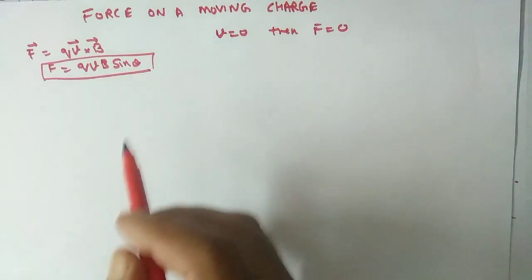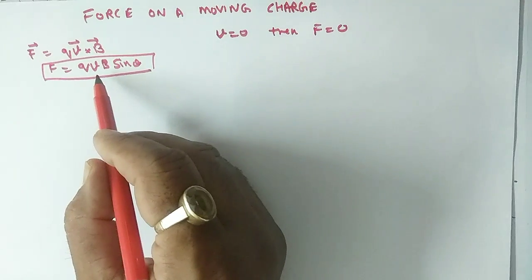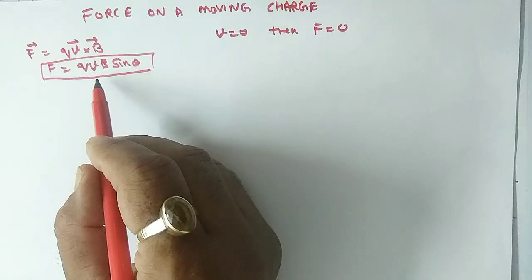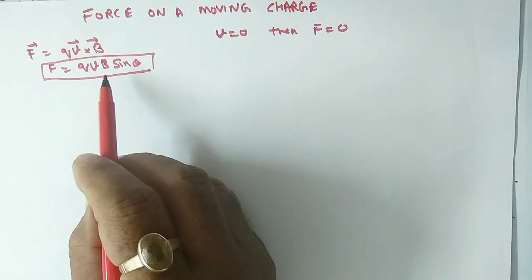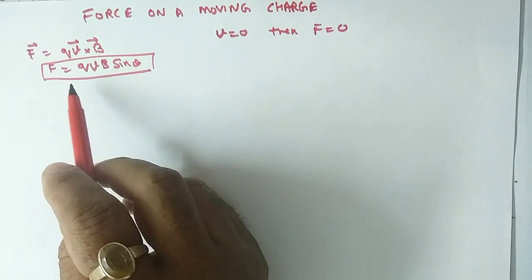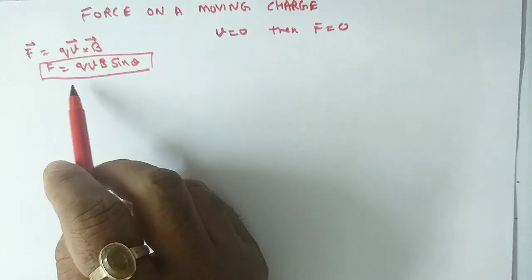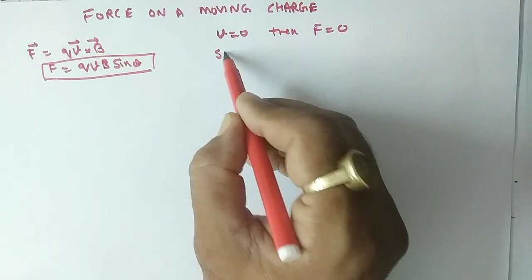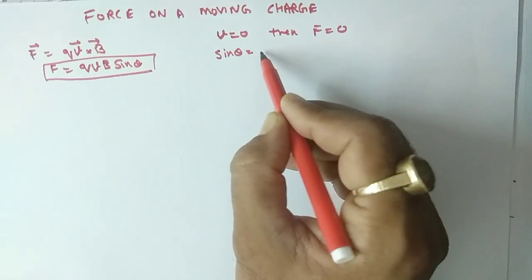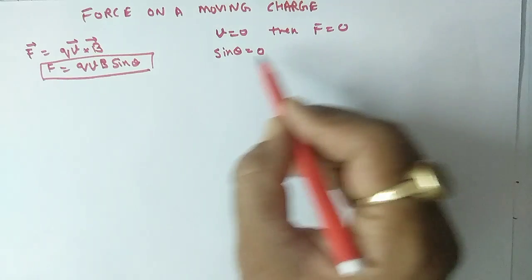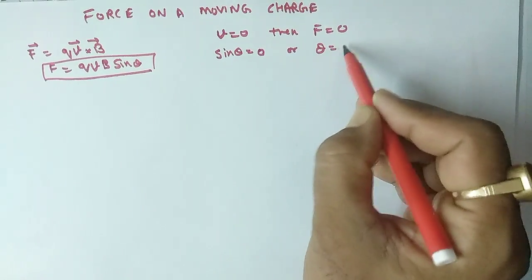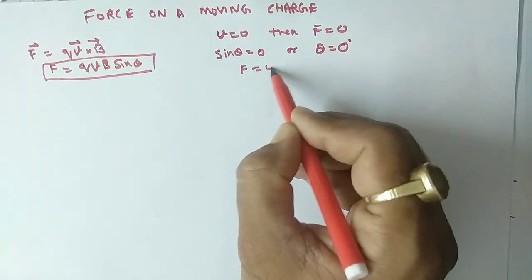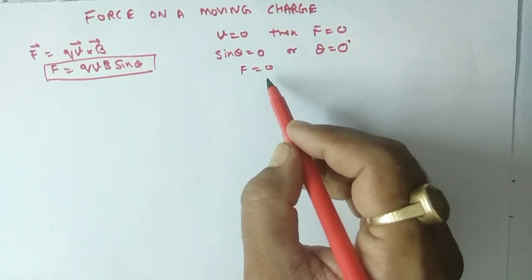It means when a charged particle is stationary, it will not experience any magnetic force. And the second thing, if sin θ = 0, or simply θ = 0, in that case also F = 0.